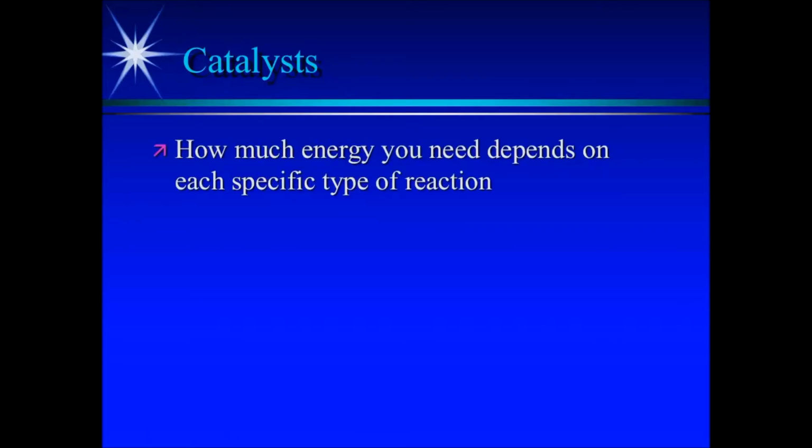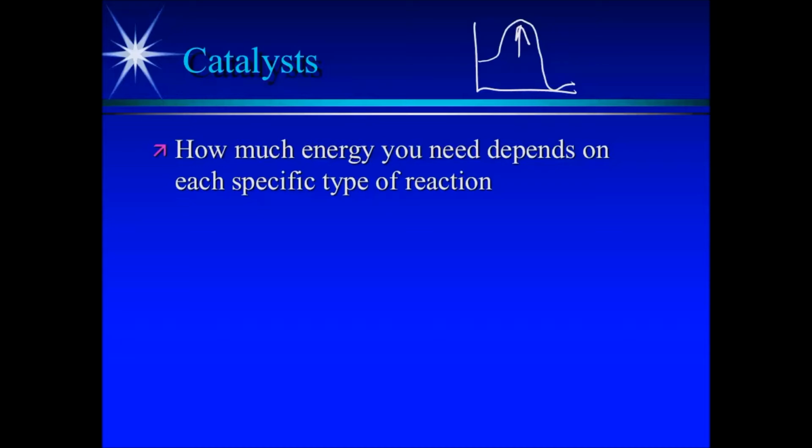Because of catalysts. How much energy you need depends on each specific type of reaction. Every reaction, my friends, is going to have a different activation energy hill. Sometimes that hill is small, sometimes that hill is very tall. The taller it is, the slower the reaction typically is. Why?